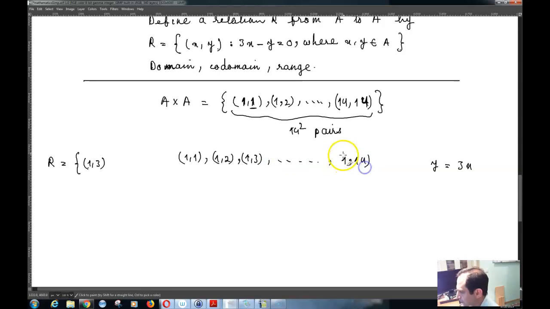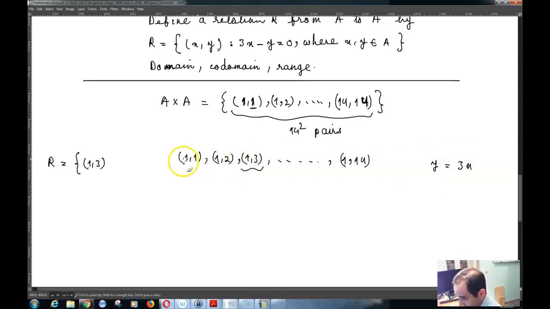The only pair that can be used here is 1, 3, because 3 is equal to 3 times 1, which is the rule over here.